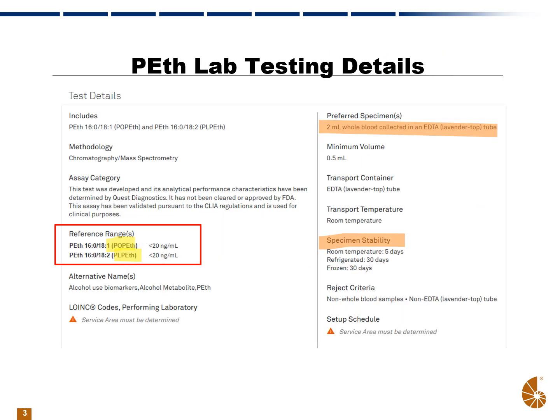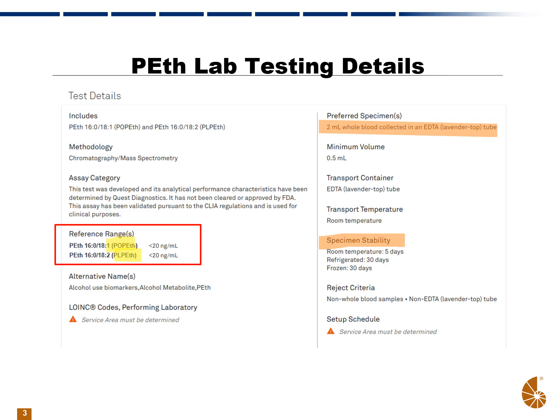So if you order a PEth test from the lab, you may get two different levels. And the PEth has these funny numbers after it. So the first number is 16:0/18:1, and that's capital POPE.